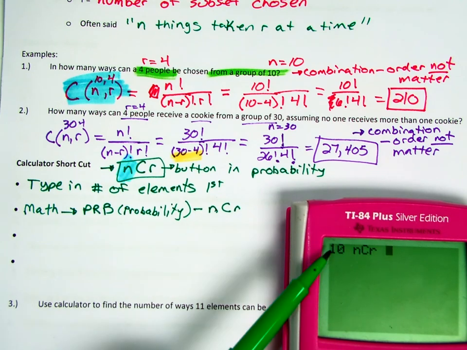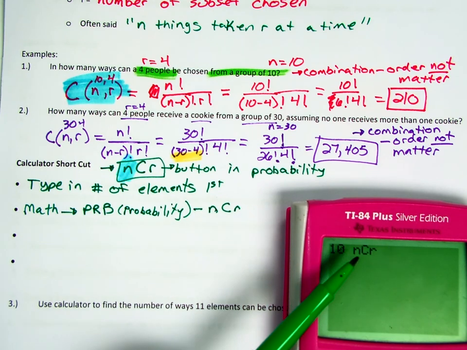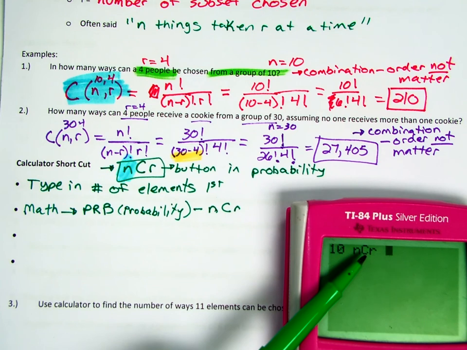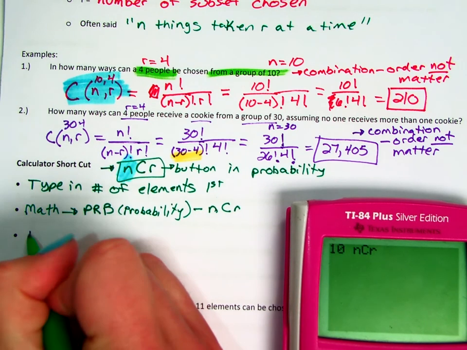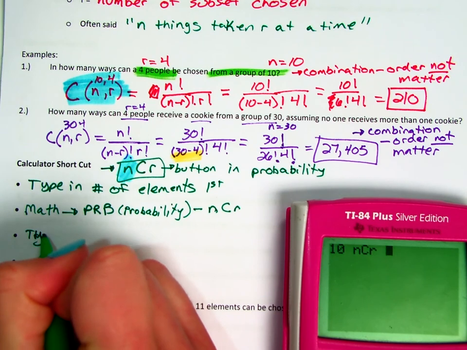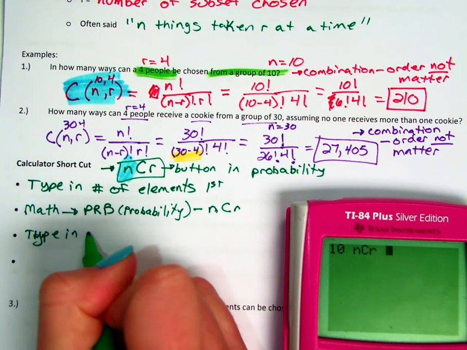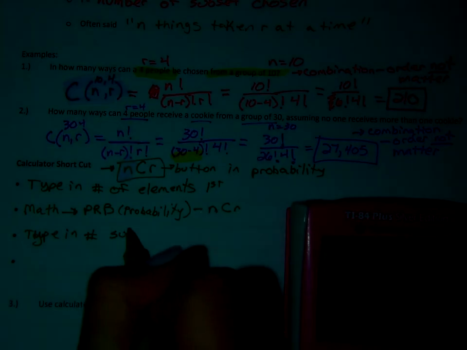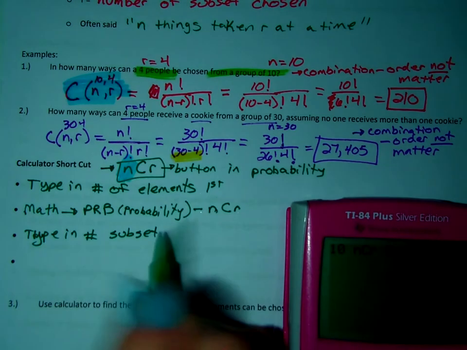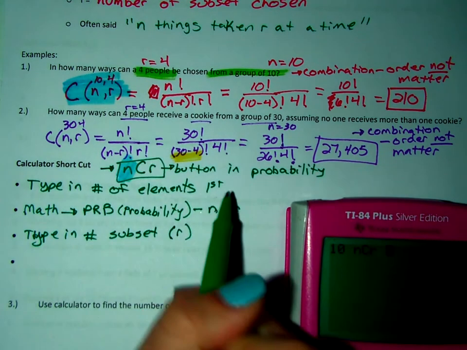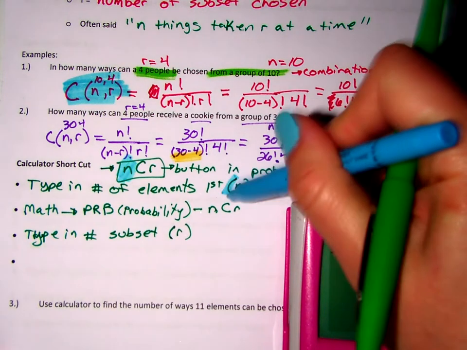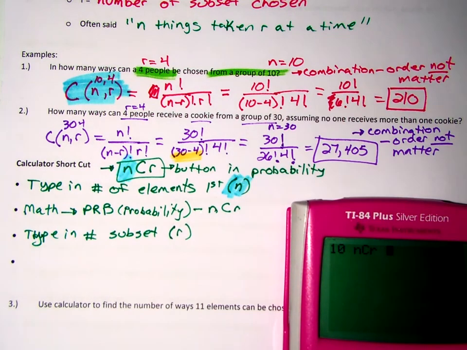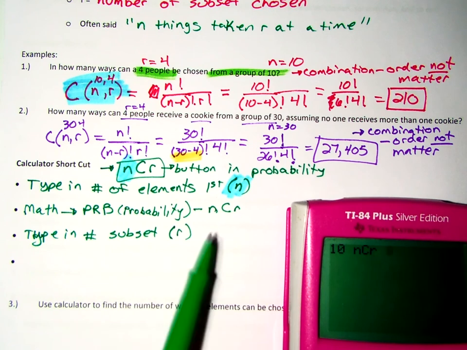Notice now it says 10 is basically the number of elements, C, and then we're supposed to type in the r. And remember, type in the number of the subset, which is basically your r, right? Just like this one is basically your n. So you type in your n first. You go to probability. You find that nCr in the probability.